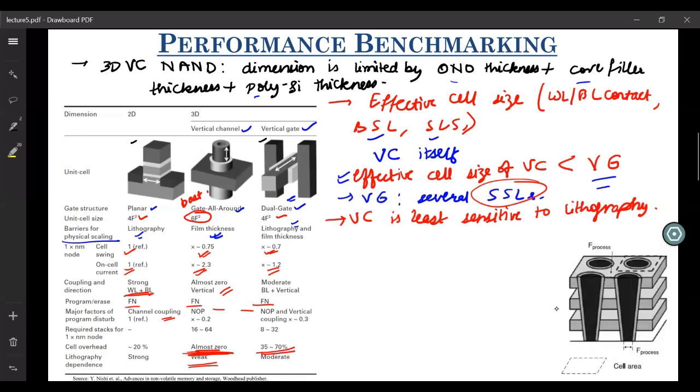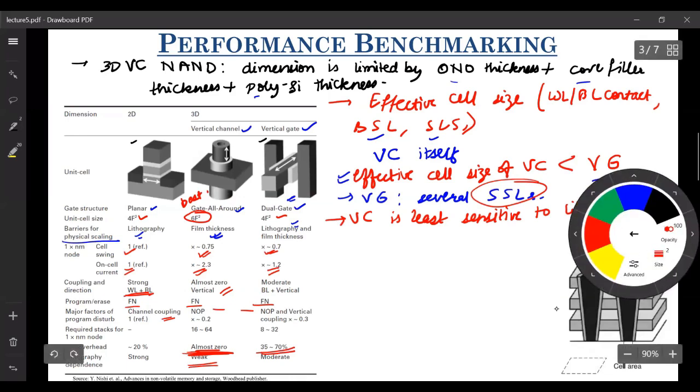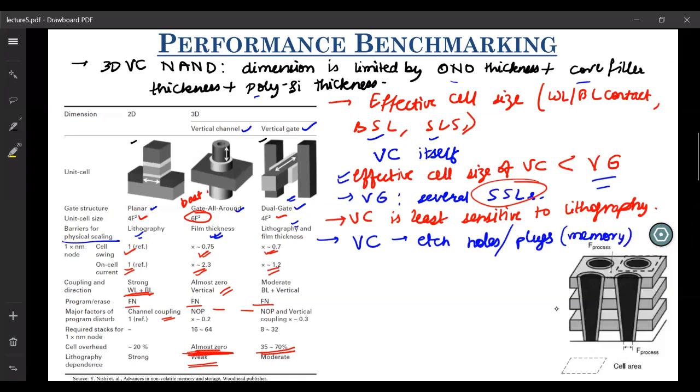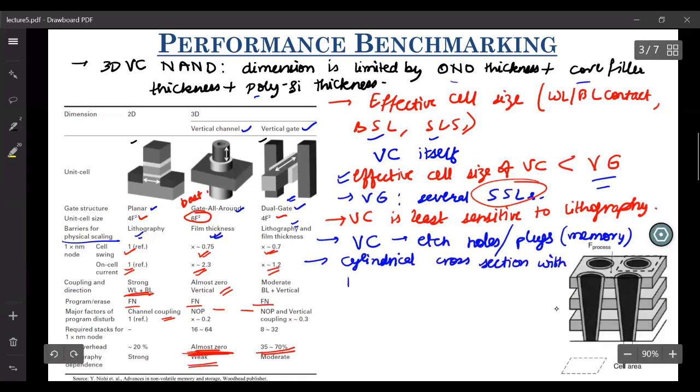Okay, so now how exactly will you find the cell size of your 3D NAND flash cell? In 3D NAND flash, especially the VC cell, you etch holes or plugs, memory plugs, in a stack, right? Usually the process used for etching is DRIE, and ideally you should get a cylindrical cross section with uniform diameter.